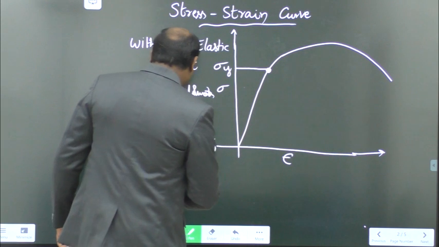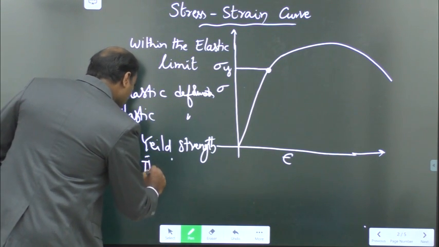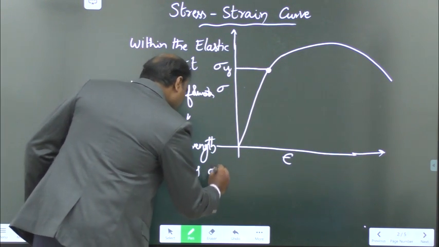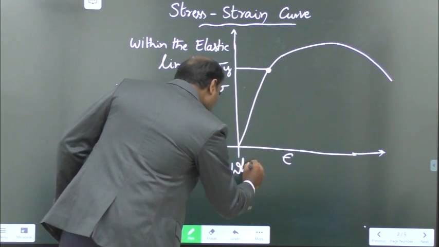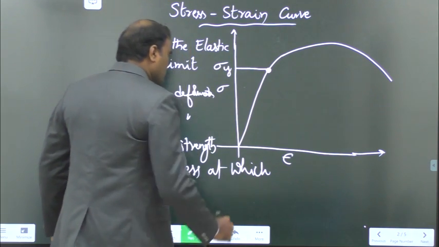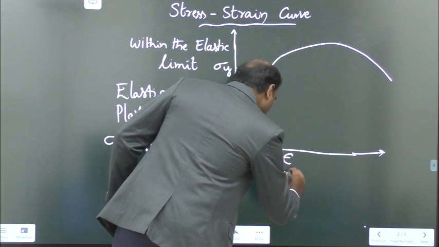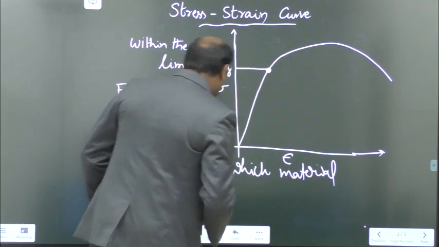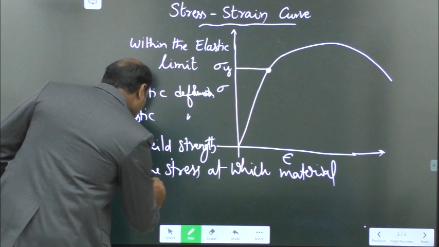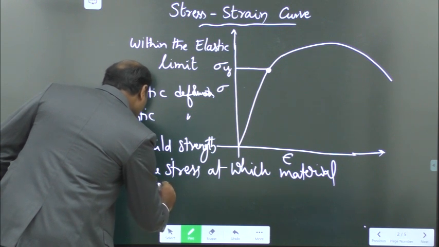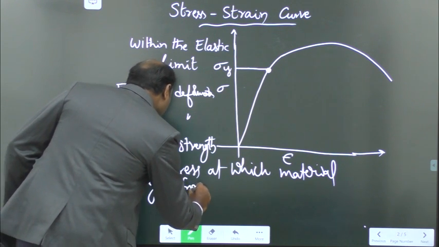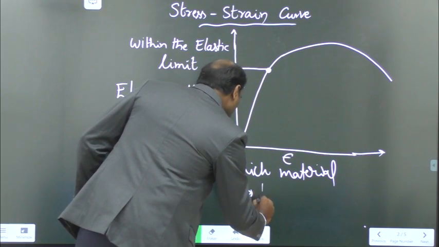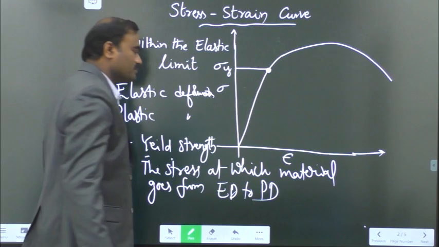So sigma y can be defined as the stress at which the material goes from elastic deformation to plastic deformation.